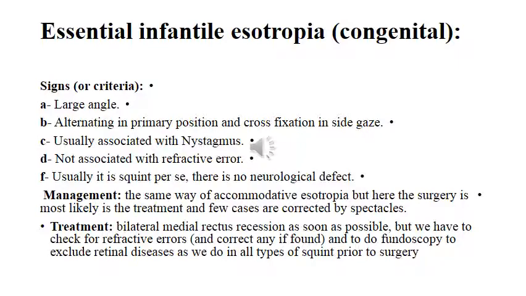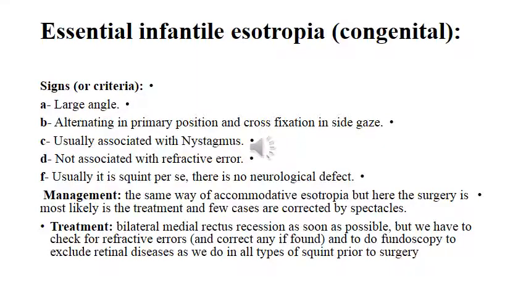Essential infantile or congenital esotropia has certain criteria: usually a large angle of deviation, alternating in a primary position, as I described. One eye can be fixating at each time.